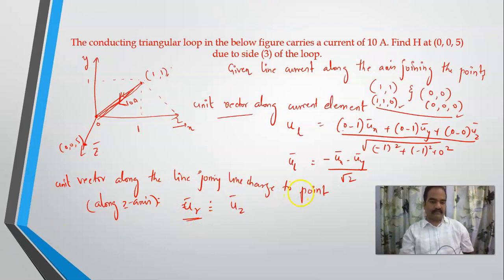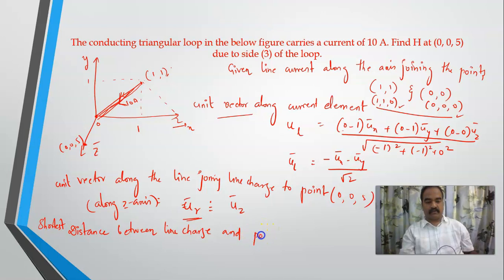My point is (0, 0, 5). Okay. So now what is the distance between these two? This is more important. I want the shortest distance between the line charge and the point (0, 0, 5).